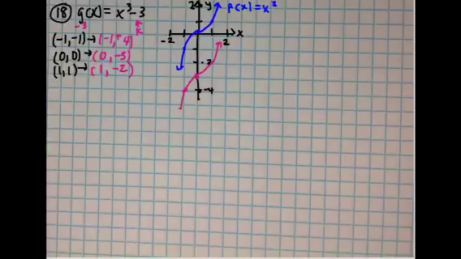Connect. Okay. So to describe, you would just say that from f of x to g of x, there was a vertical translation through 3 units down.